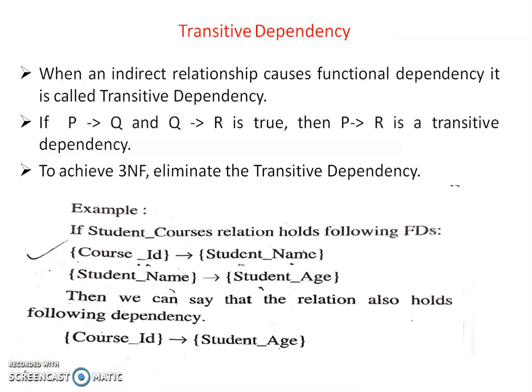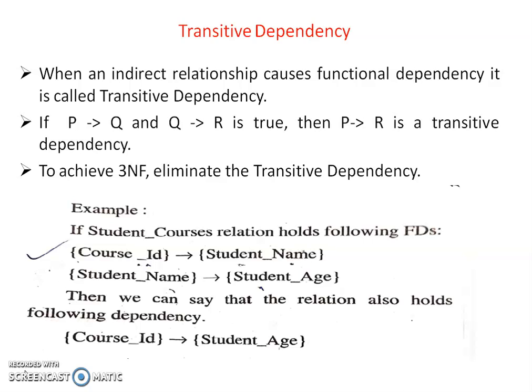Now the next type of dependency is transitive dependency. When an indirect relationship causes functional dependency, it is called transitive dependency. It means a functional dependency is said to be transitive if it is indirectly formed by two functional dependencies.